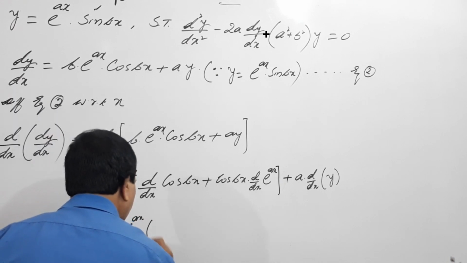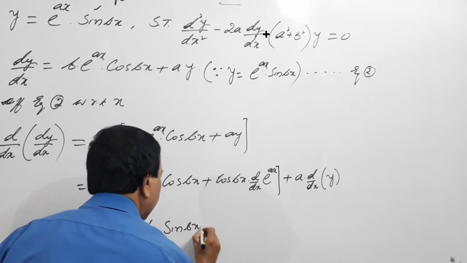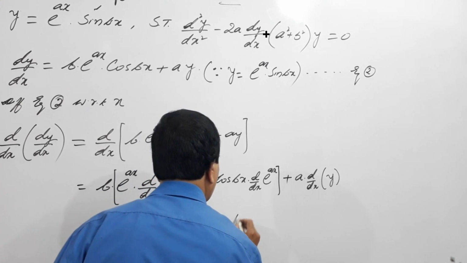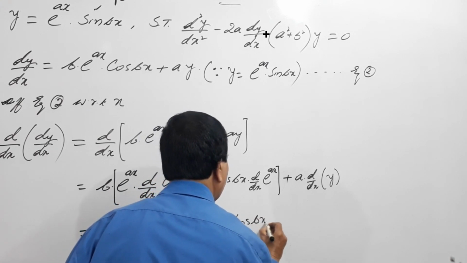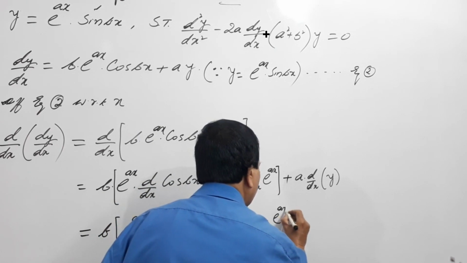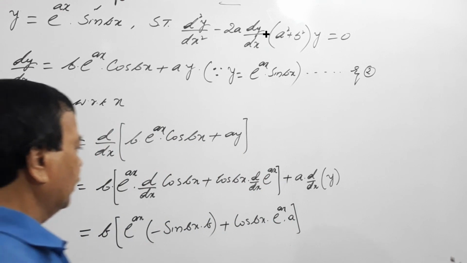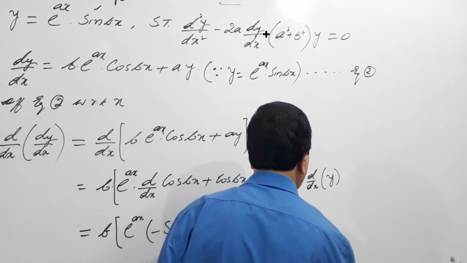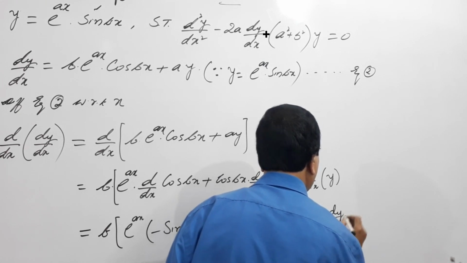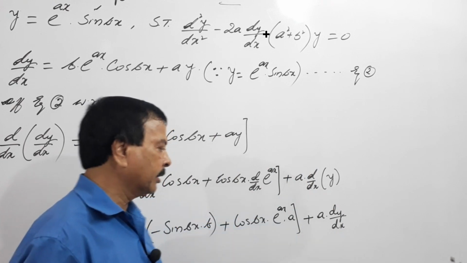This becomes minus sin bx into b, plus cos bx, d by dx of this becomes e to the power of ax into a, plus a into dy by dx. If you differentiate y, d by dx of y will be dy by dx.